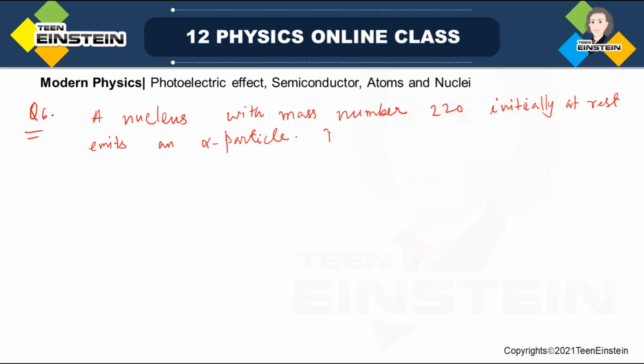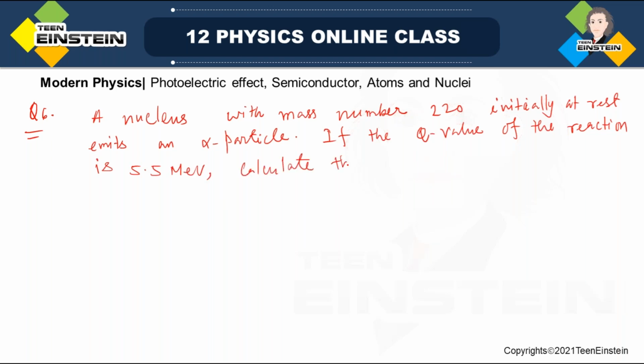If the Q value of the reaction is 5.5 MeV, calculate the kinetic energy of the alpha particle.